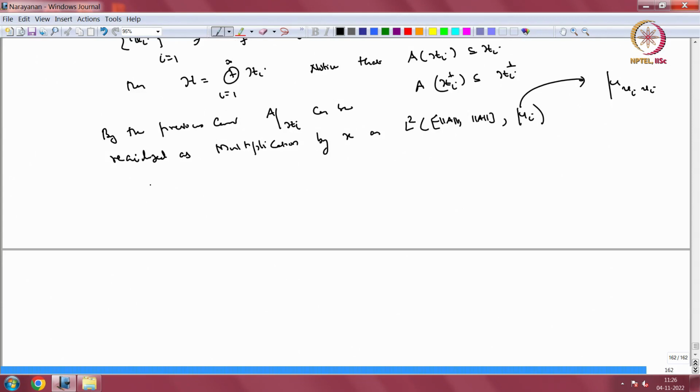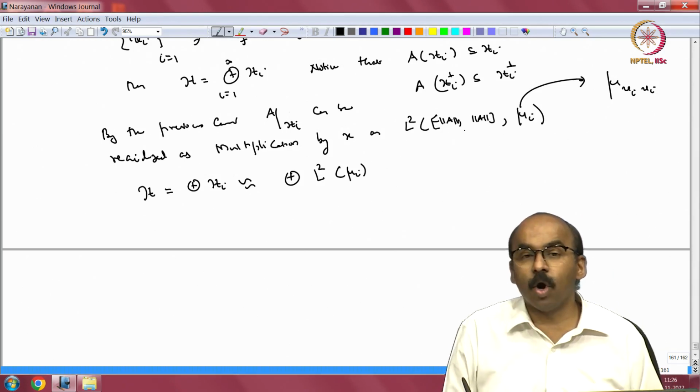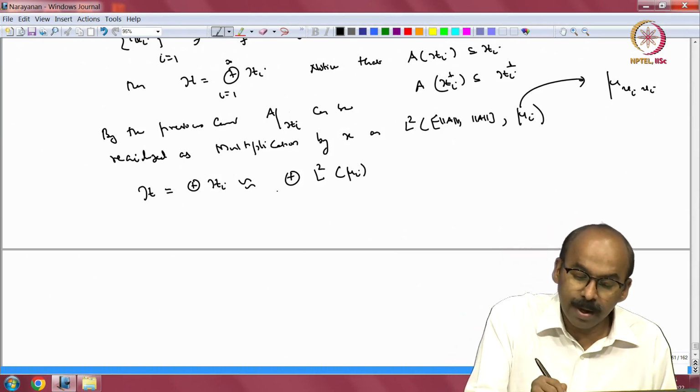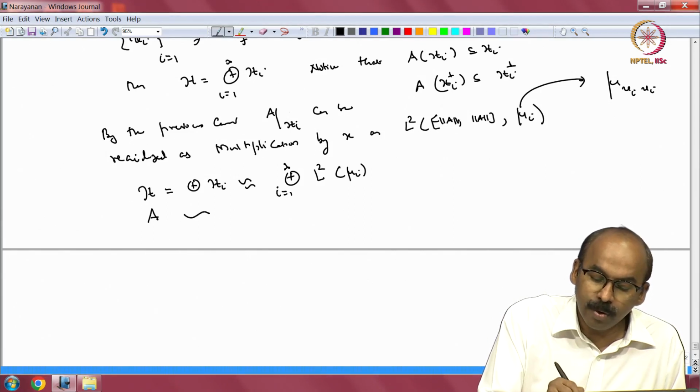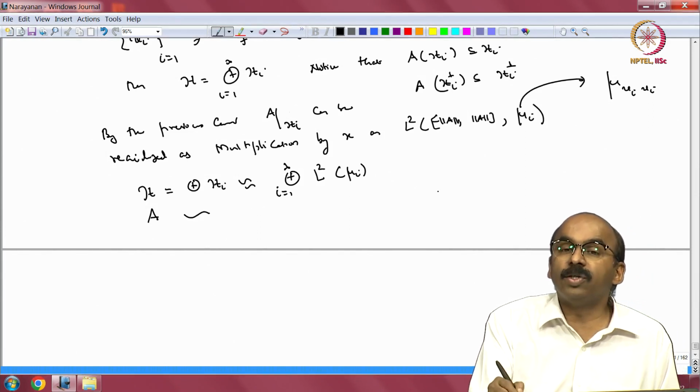Okay. So, A is going to be unitarily equivalent to, so first of all the Hilbert space, H is equal to the direct sum of Hi, and so that is going to be unitarily equivalent to the direct sum of these L2 spaces. So, L2 of mu i, right, everything on minus norm A to norm A, i equal to 1 to infinity, and the operator A is going to be unitarily equivalent to multiplication by x on each of them, right.